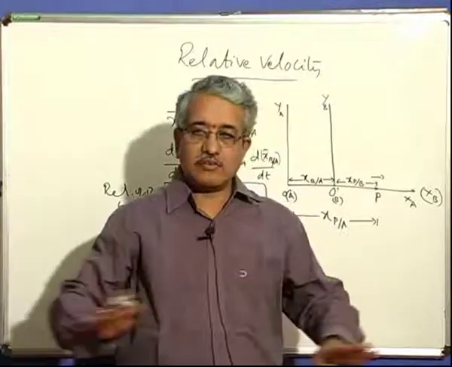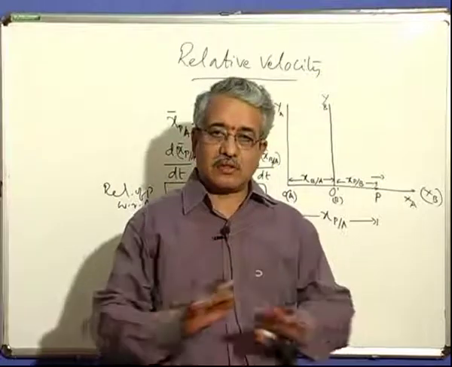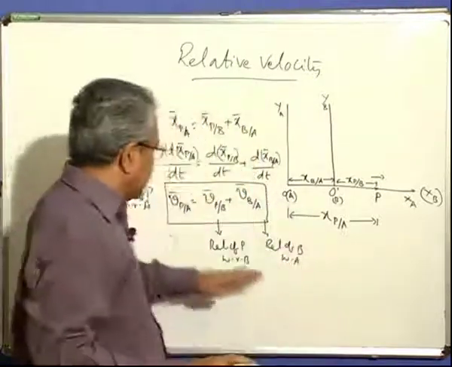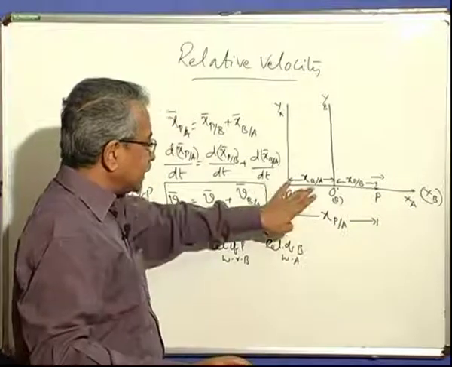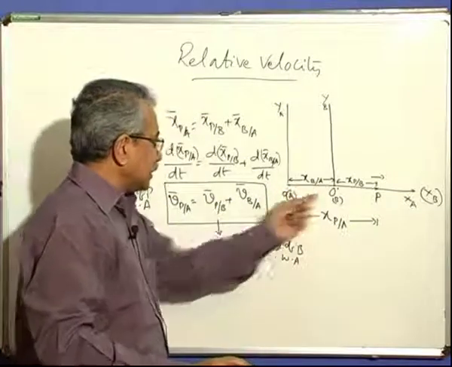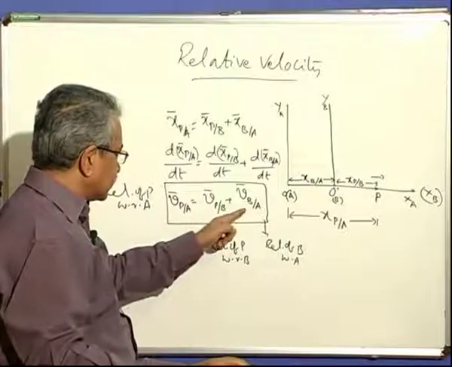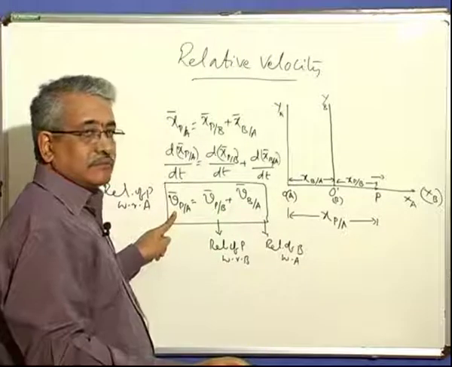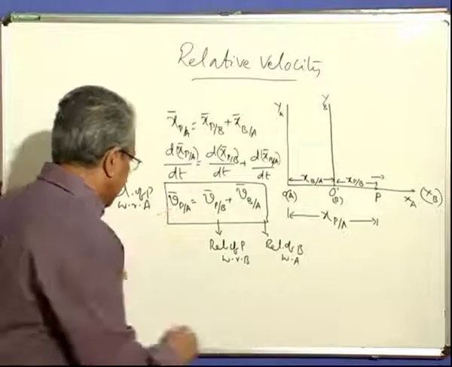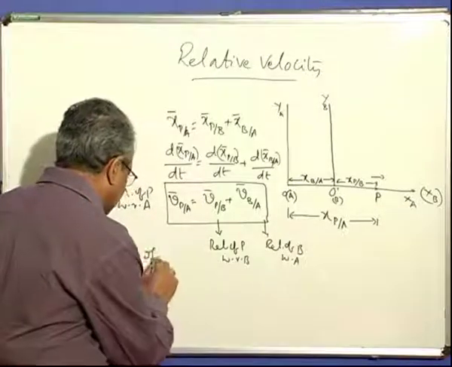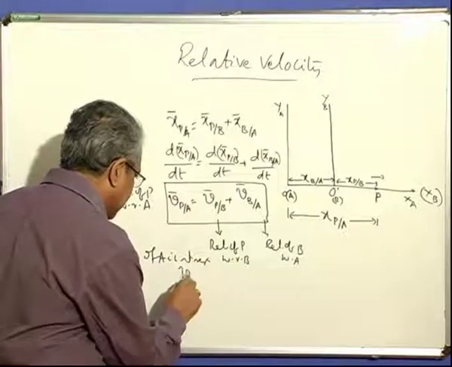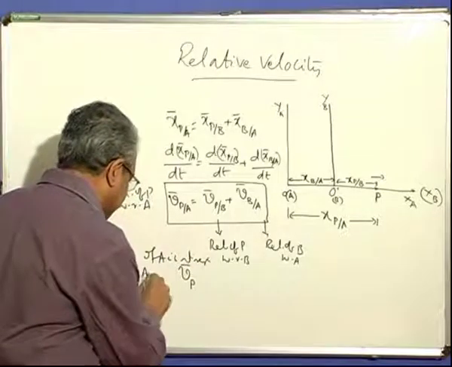Suppose he is standing on a platform, on a frame which is at rest. We don't even consider the movement of the earth there. Suppose. Then A is at rest. When he is at rest, what happens? The equation tells about the velocity of P actually. Because A is at rest, it becomes the actual velocity there. If A is at rest, then this becomes the actual velocity of P.